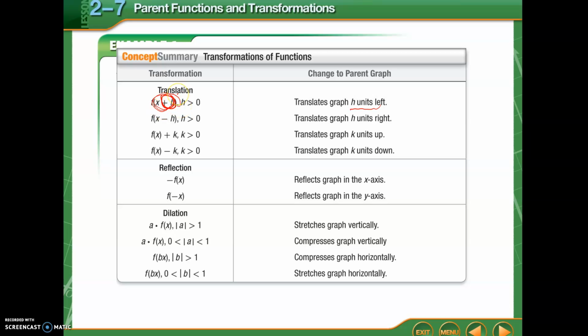So inside with the x is a movement left or right. If it is a negative inside the x, then it's going to move it right. If it's outside of the parent function, x squared, if it's positive, it moves it up, and if it's negative, it moves it down.